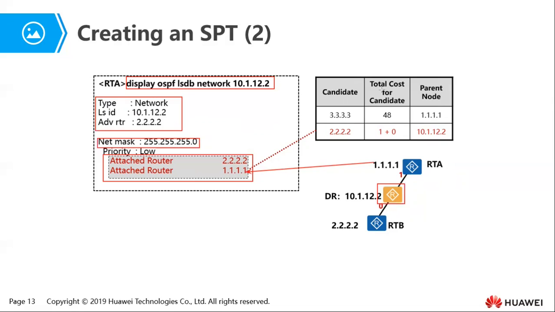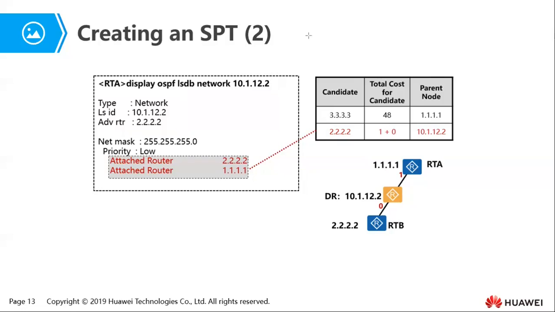Remember 3.3.3, we are carrying it from the previous slide. We had already added it to the candidate list. So here the only thing that is going to qualify for entry into the candidate list is the 2.2.2 network.